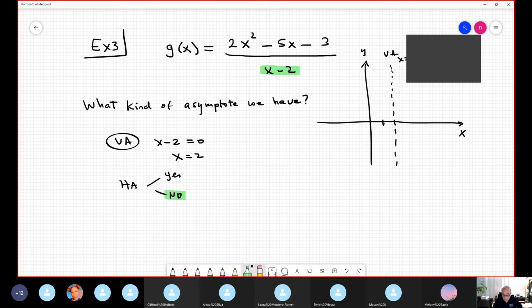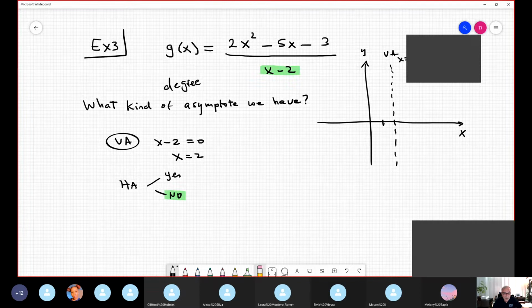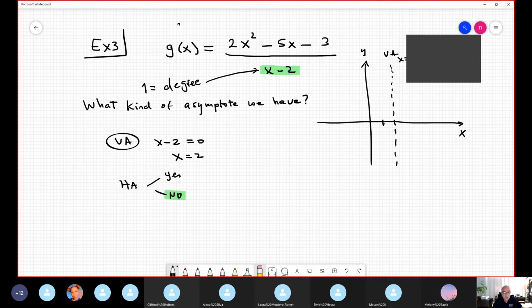But in this case, no. The degree of the denominator is 1, and the degree of the numerator is 2. To satisfy the condition for the slant asymptote, the degree of the numerator has to be bigger than the degree of the denominator by 1. So the answer is yes, we have a slant asymptote.